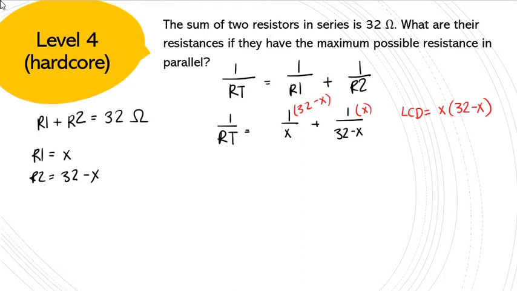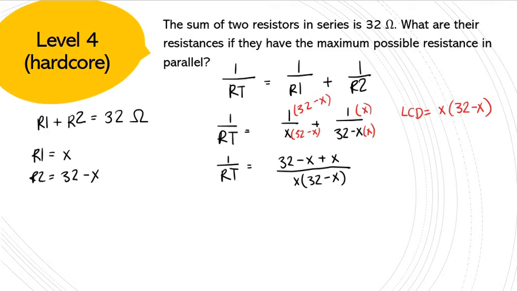So at this point, I have 1 over RT is equal to 32 minus X plus X. And this is just me combining the two things. And I should make this a little clearer by acknowledging that I'm also doing it on the denominator. And that's going to be over X times 32 minus X.